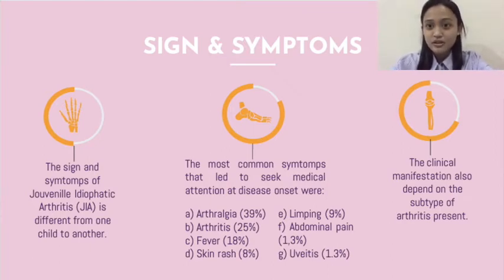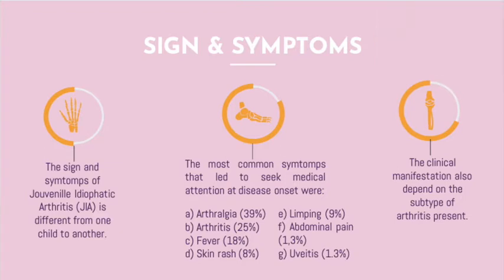Now I'm going to talk about the signs and symptoms of juvenile idiopathic arthritis, or JIA. The symptoms differ from one child to another, and the most common symptoms that lead to seeking medical attention are, first, arthralgia at about 39%, arthritis 25%, fever 18%, followed by skin rash 8%, abdominal pain 1.3%, and uveitis 1.3%.